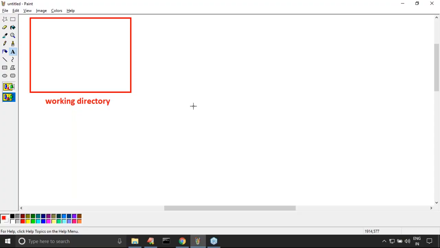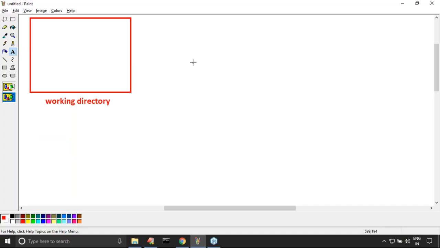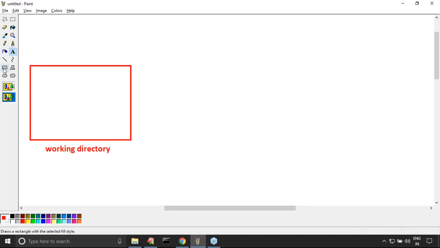But in the distributed version control system, every workspace has a local repository. Remember this very carefully. This word itself is very, very important.